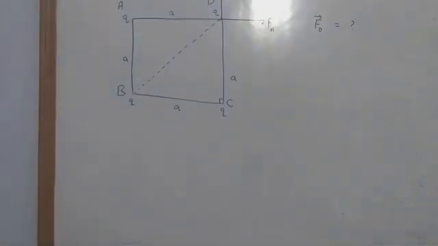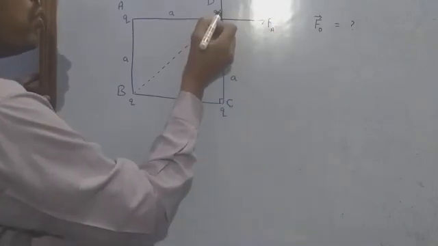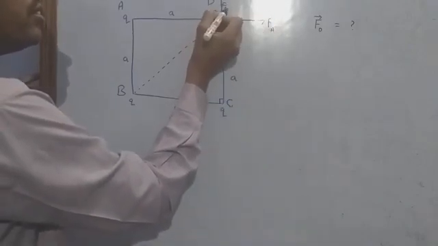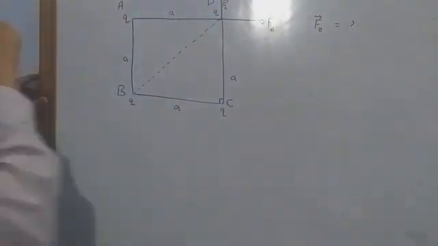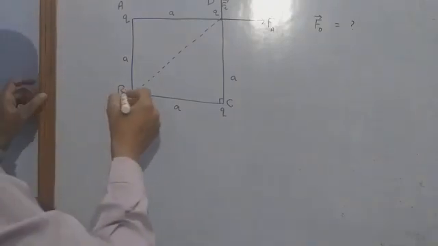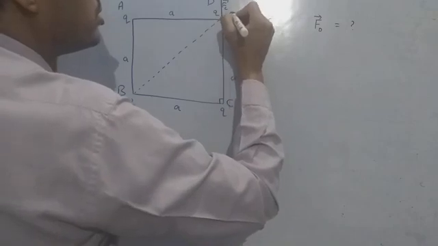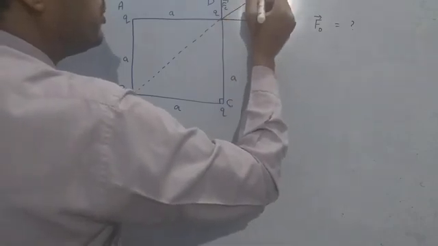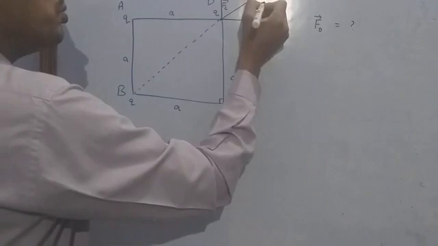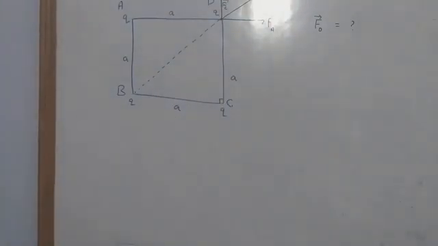So this force, I'll call it Fc vector. The first one was Fa vector, and one more force will be the force due to charge at B. That I will write as Fb vector.